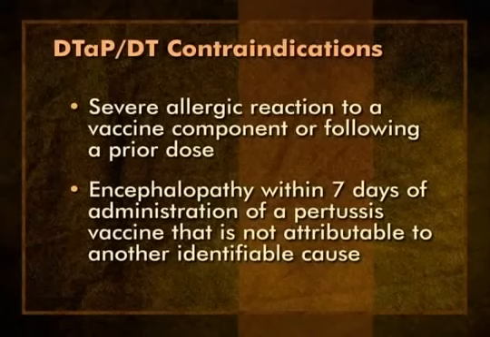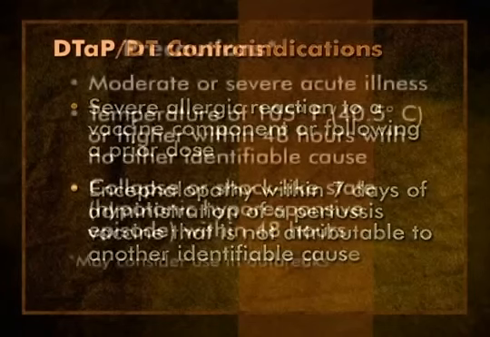Encephalopathy within 7 days of administration of pertussis vaccine that is not attributable to another identifiable cause is a contraindication to further doses of pertussis-containing vaccine. This contraindication is a remnant from the whole-cell pertussis days. Encephalopathy has not been associated with acellular vaccines.